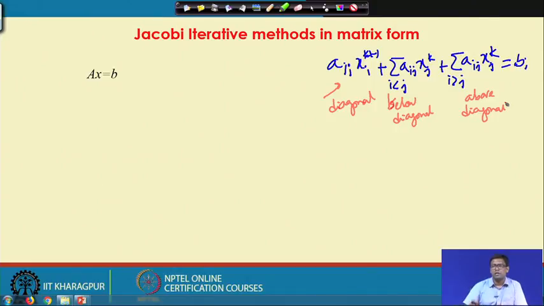For Jacobi, the guess x vector is multiplied with only the below and above diagonal terms, and the updated vector is multiplied with the diagonal term. In Gauss-Seidel, the updated vector is multiplied with the diagonal and below diagonal terms, and the guess vector is multiplied with the above diagonal term. So, we can say that for the matrix equation A x is equal to b, A can be split into three components.